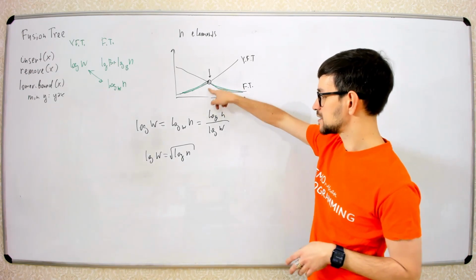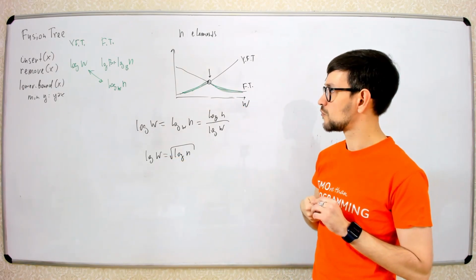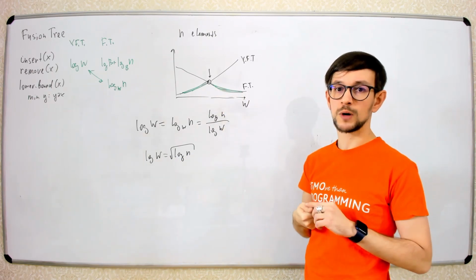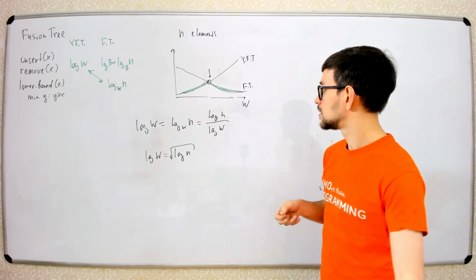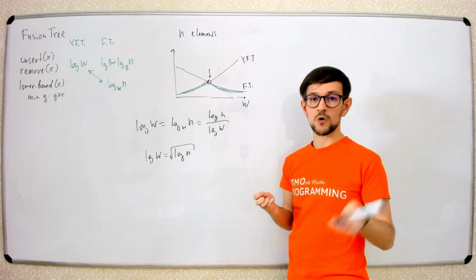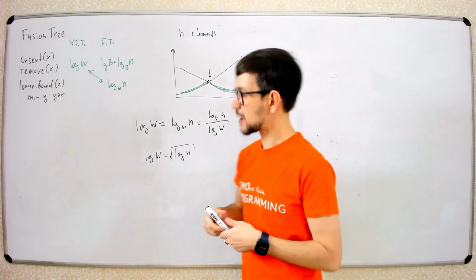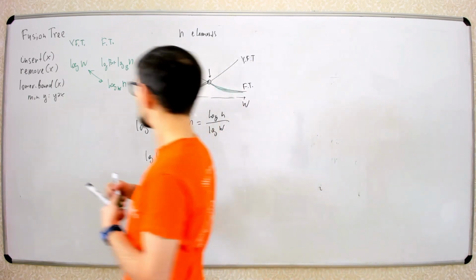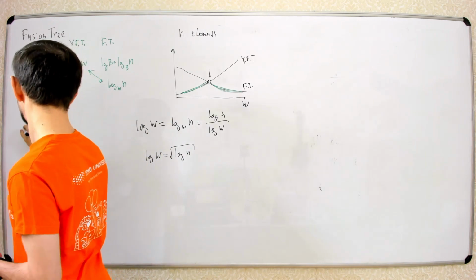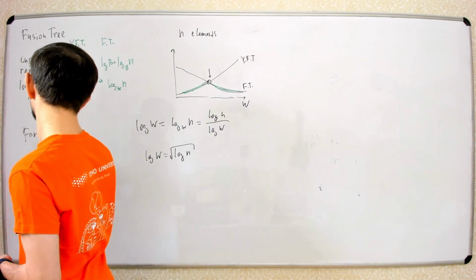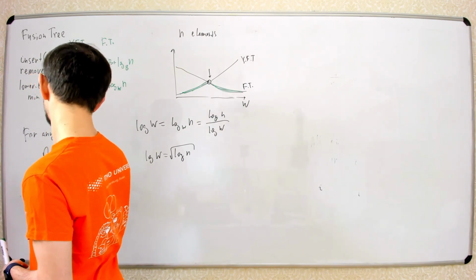In the worst case, log W will be the square root of log n, so the time complexity of both these data structures will be square root of log n. It means that for all possible values of W, for n elements, we can build a data structure with time complexity square root of log n.